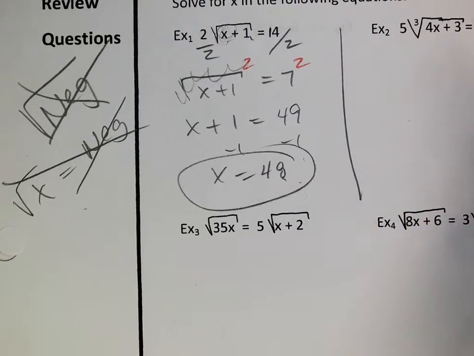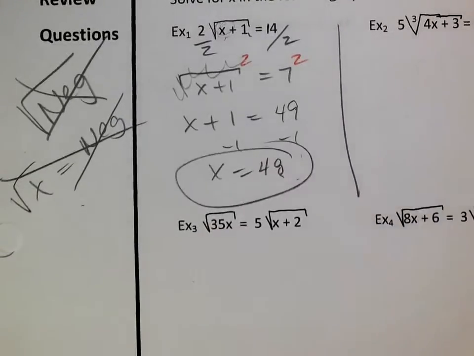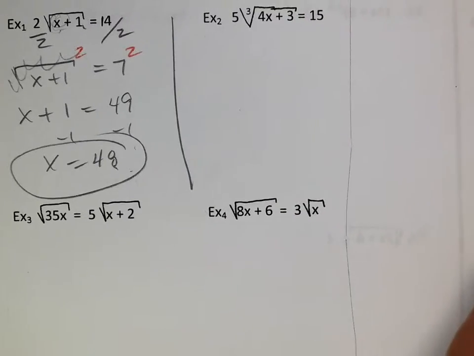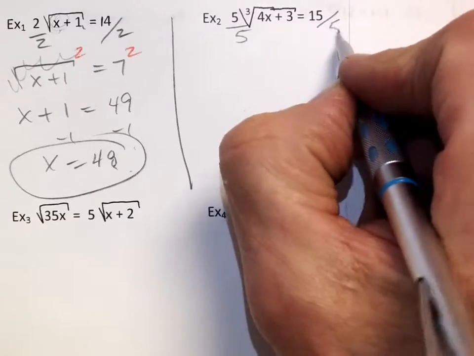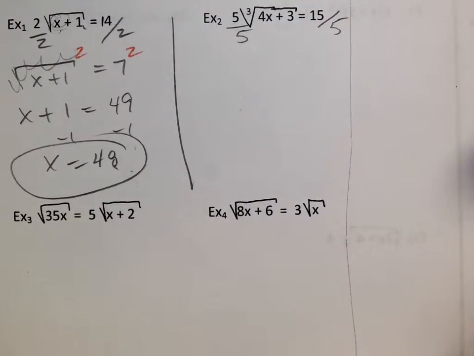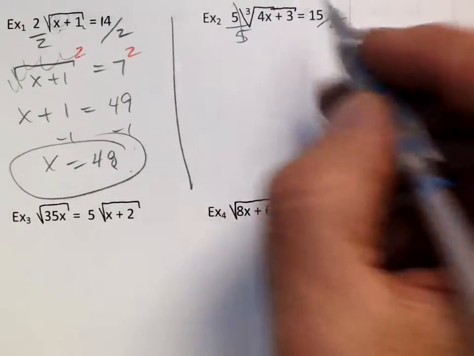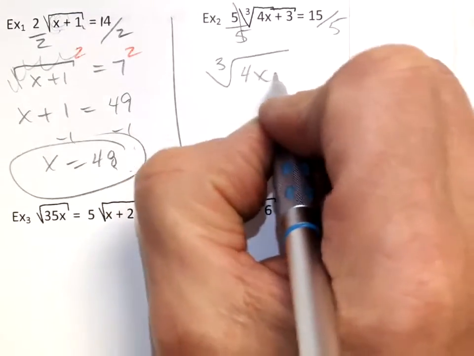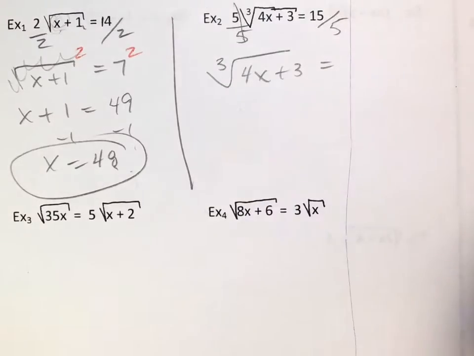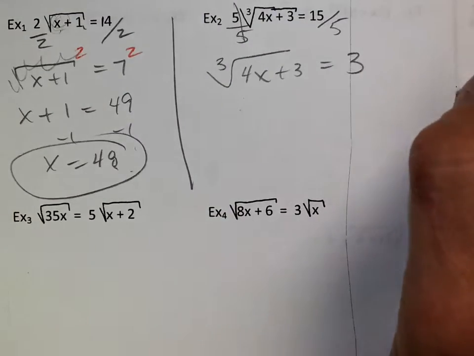Okay, example 2. Same thing, except it's a cube root. Let's divide by 5. That seems like an obvious step. Cancel the 5. We'll have the cube root of 4x plus 3 equals 15 divided by 5, which is 3.